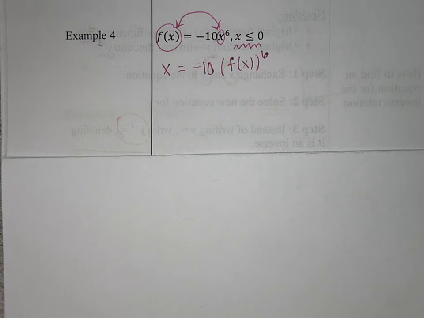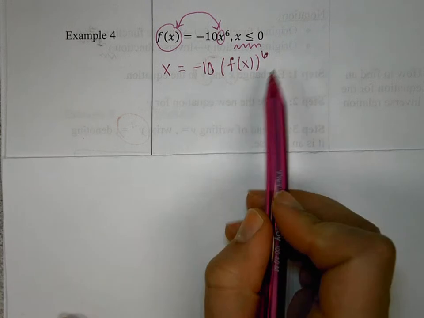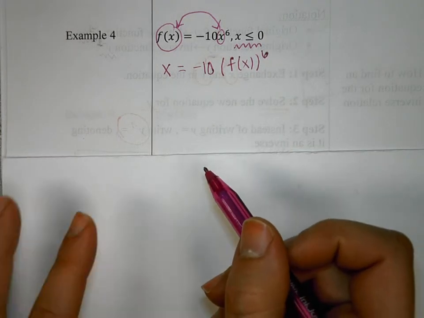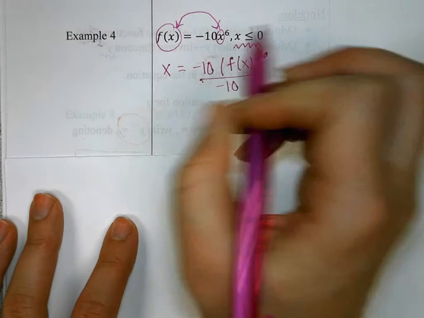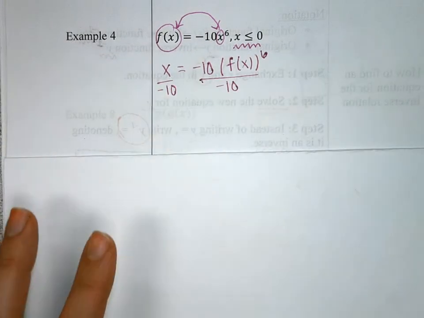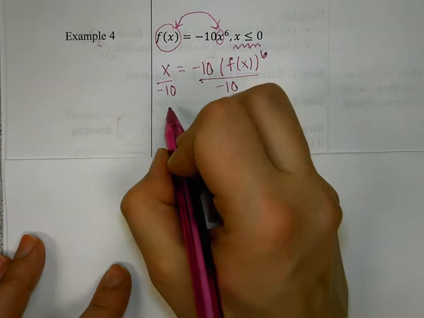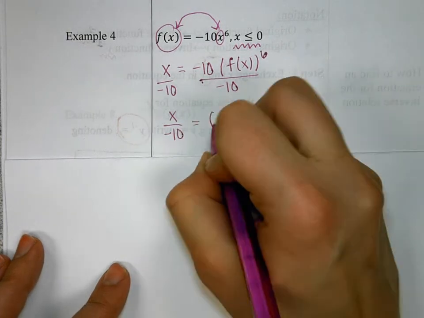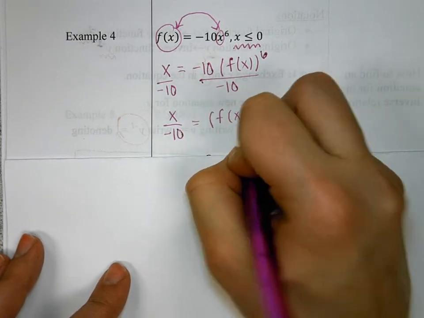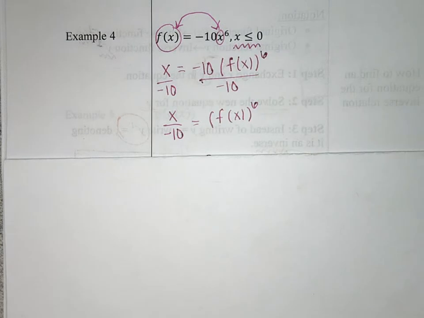Now before I can start solving for f of x, what do I need to do first? I need to get it by itself. Do I have to divide negative 10 or root it first? Divide. So divide both sides by negative 10. So that's going to give me x over negative 10 equals f of x to the 6th power.